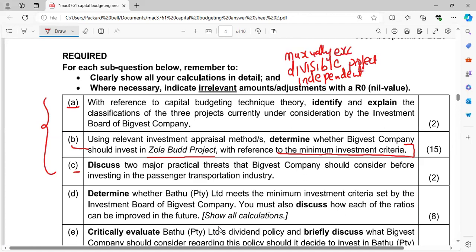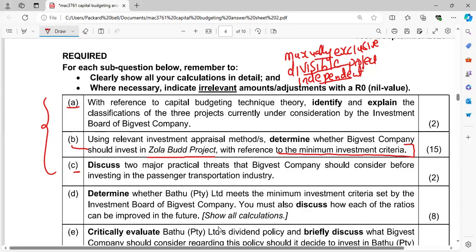If you go to the notes that we have, you can tell which projects can be divisible, which ones are independent, and which ones are mutually exclusive in that scenario. The moment you understand these terms, then you will be able to see which one is going to be divisible, which one is going to be independent, and which one is going to be mutually exclusive.